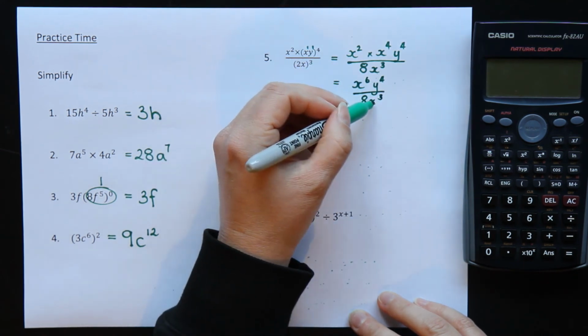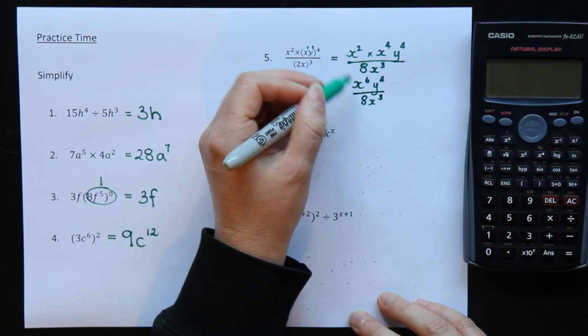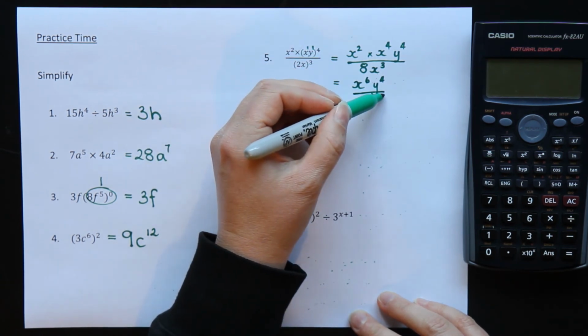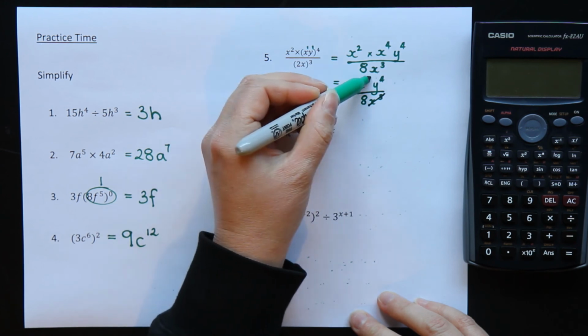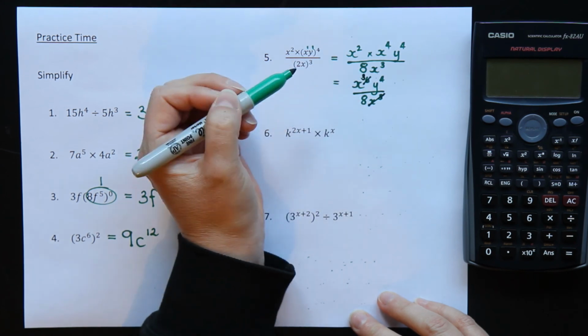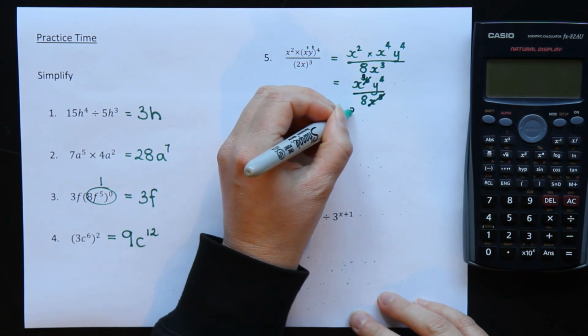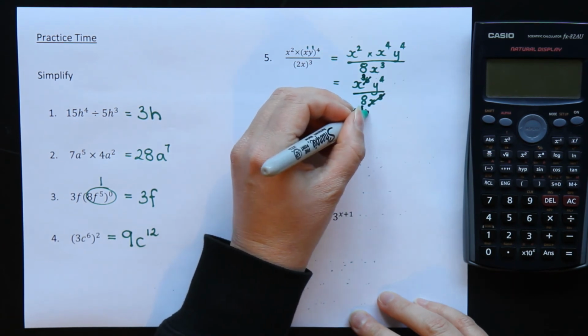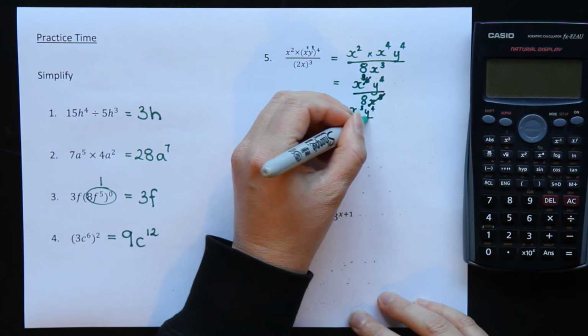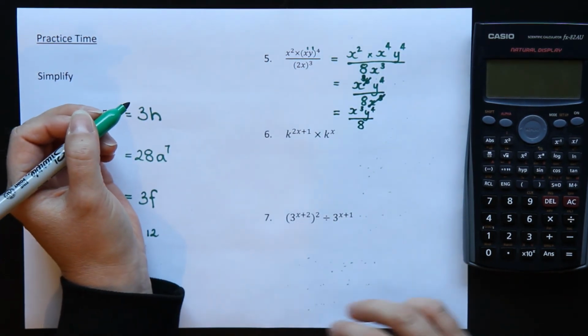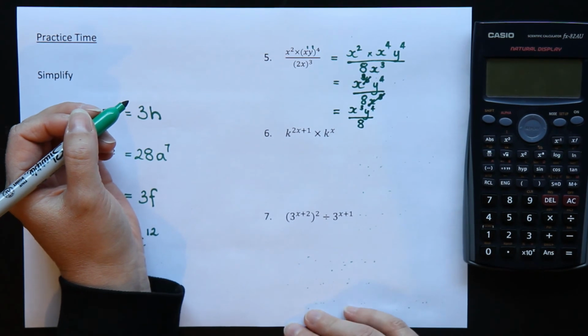Now because we have x on the top and the bottom, we're dividing those, or we can cancel those, it's the same thing. So I can cancel off those 3 with 3 of those to have 3 left. So my final answer will be x to the power of 3, y to the power of 4, all over 8 that is left on the bottom. Getting a bit squashy in there, sorry about that. Hope you can read what I've written down there.